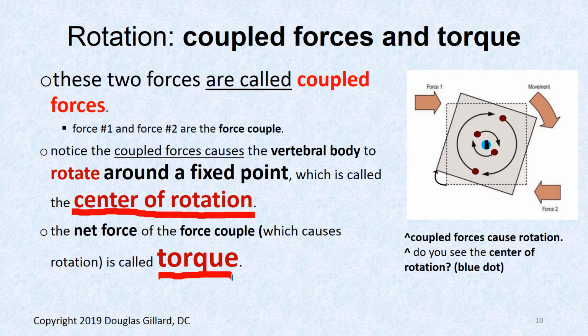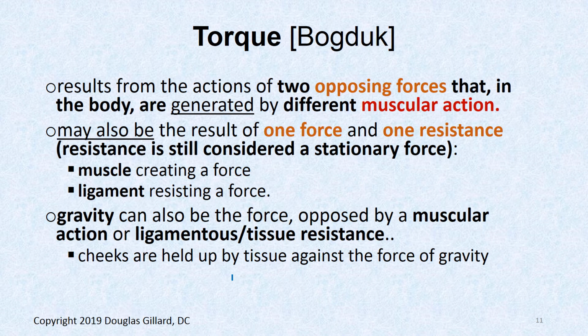The net force of the coupled force makes up something called torque. And I won't go crazy into torque because it's kind of a complicated subject, but we'll talk about it a tiny bit. It results from the actions of two opposing forces that are generated in the body by different muscular actions.